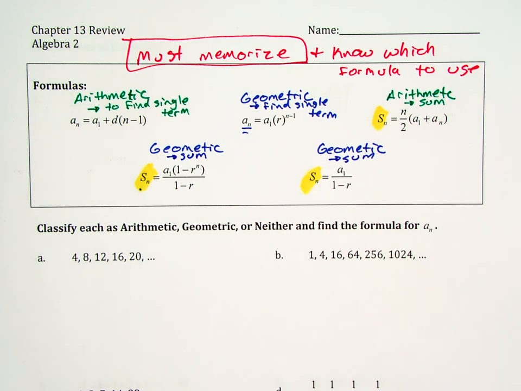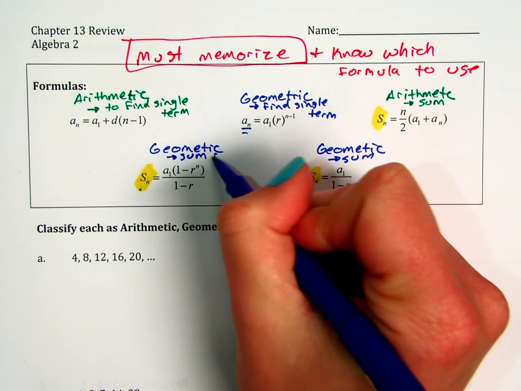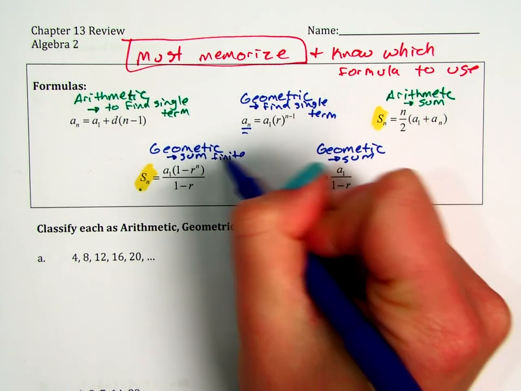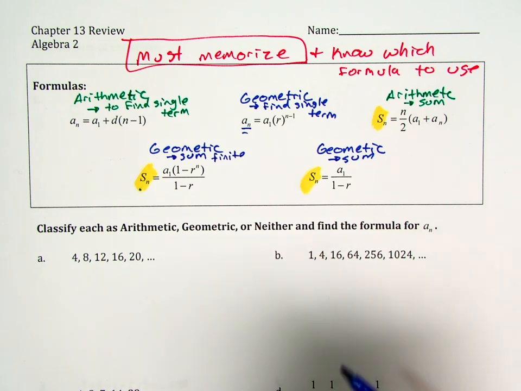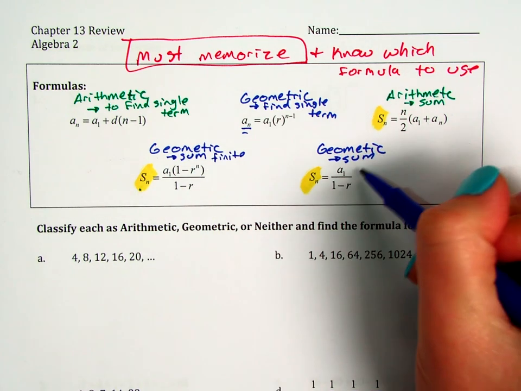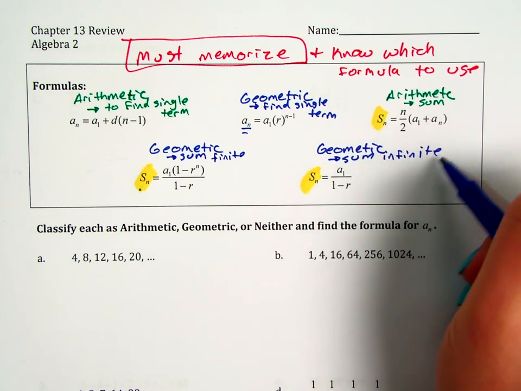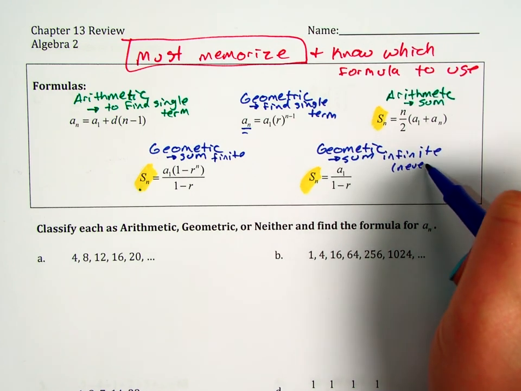If it's a finite series versus an infinite series, they have different formulas. So this one is the sum for a finite series. And we know that because there's this n in the formula telling us that there's an n number. This one is for an infinite series. Remember, this is the one that's never ending.